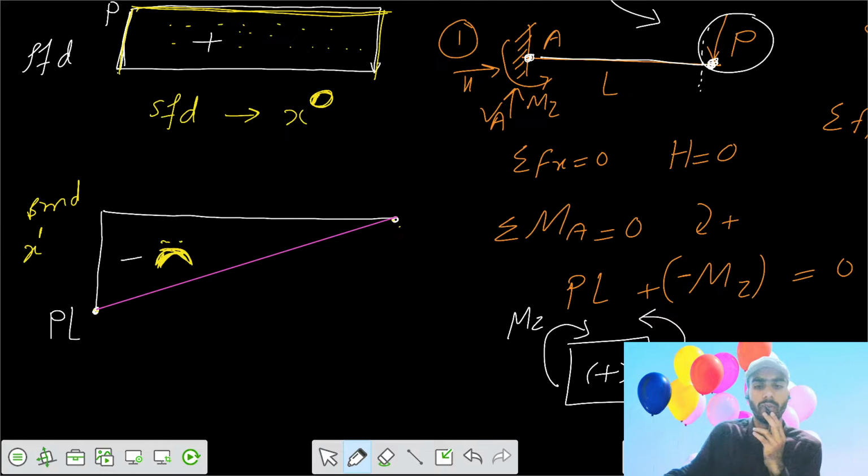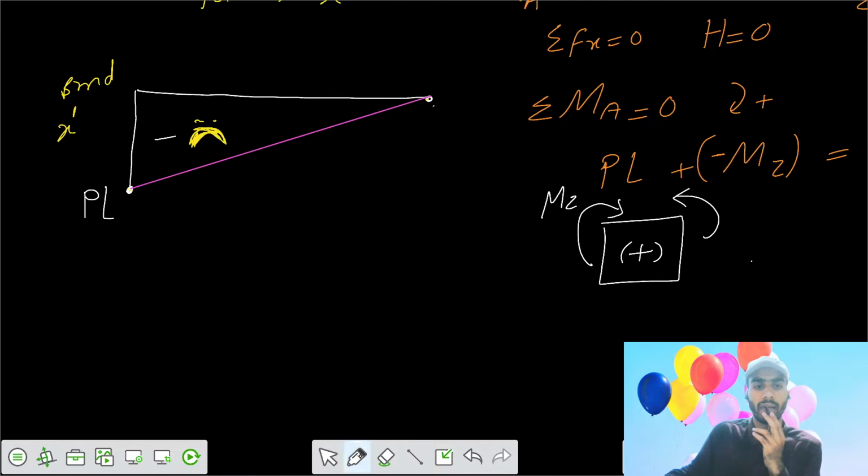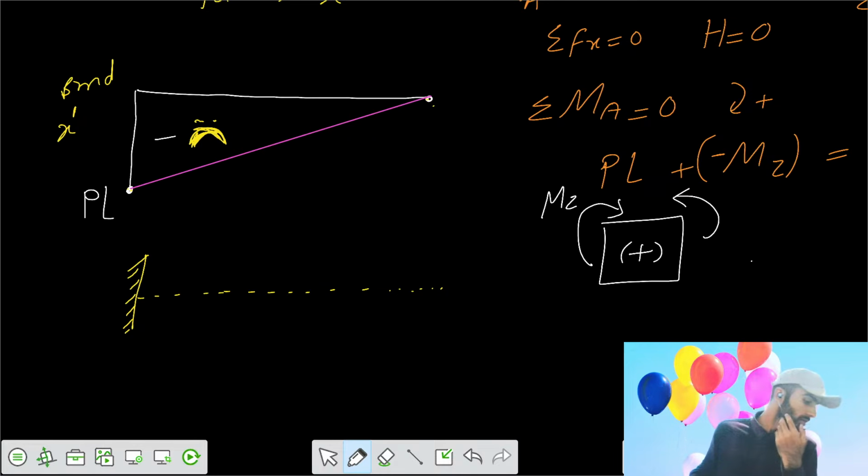So if you want to make the deflected shape, we can have that. This was your fixed support. This was your reference line, where the beam was initially. Let's say the beam from this side is fixed.